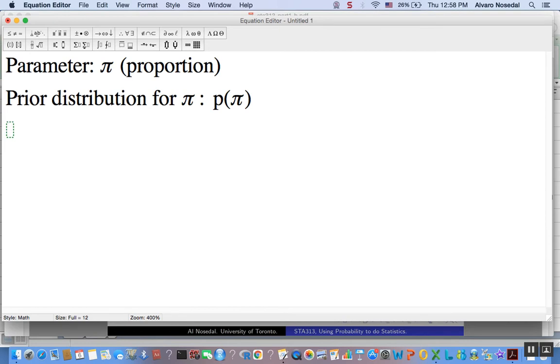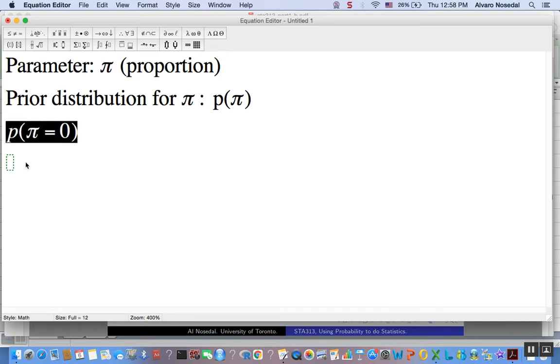So what we had in this particular example was something like this. We had the following prior distribution. We were just considering the following values.